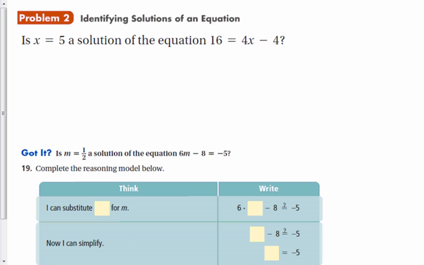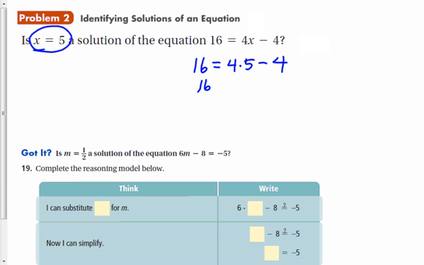All right, identifying solutions of equations. Basically, we are trying to see whether or not a number is a solution of an equation. To do that, all you need to do is substitute the value into the equation and check to see if it's true. If it's true, then the number is a solution. So we're going to take our equation 16 equals 4 times x minus 4 and substitute 5 for x because we're told that x is equal to 5.